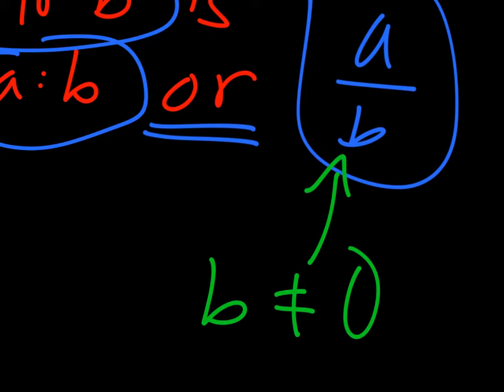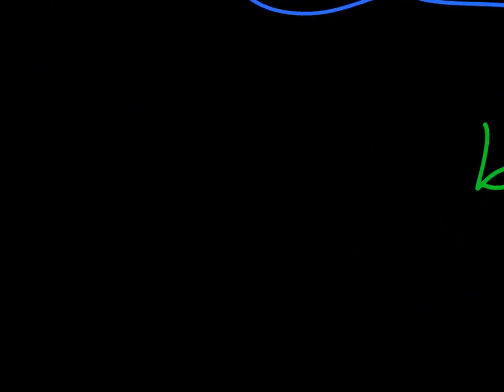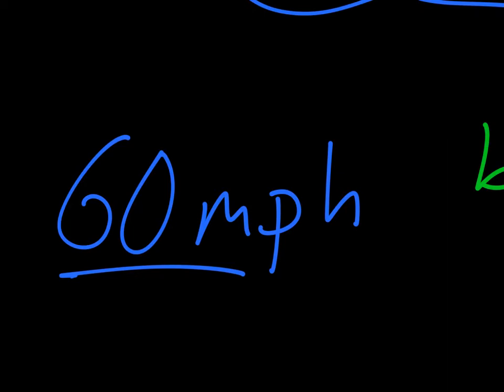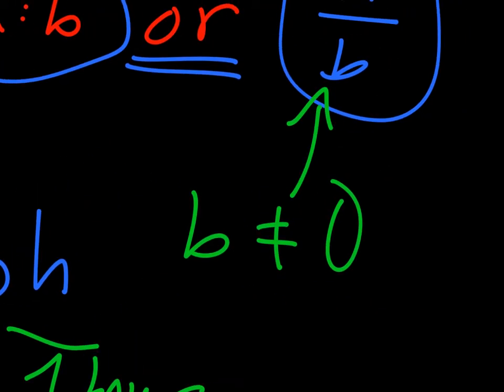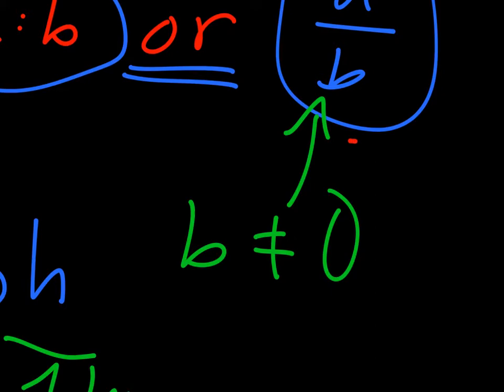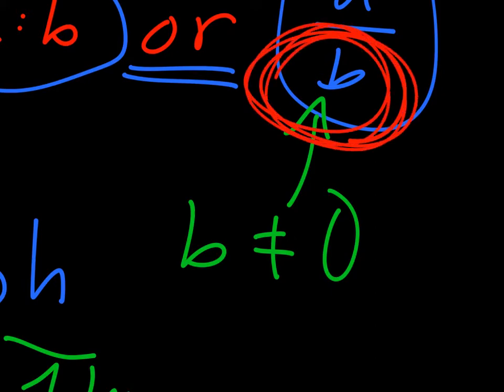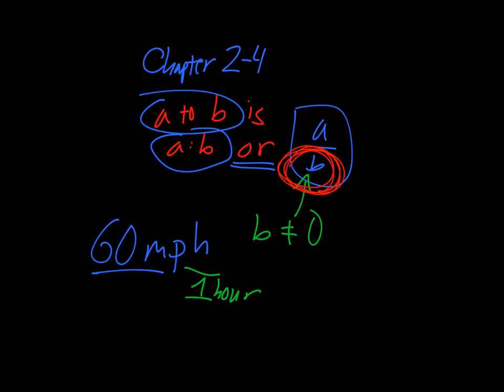An example of a unit rate would be, let's say you have 60 miles per hour. 60 miles per 1 hour, okay? That is a unit rate. Whenever the denominator is 1, meaning whenever B is 1, therefore that is a unit rate. Hence, that is a unit rate, okay?